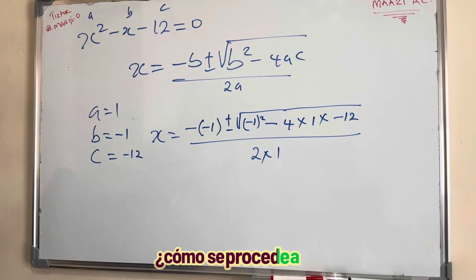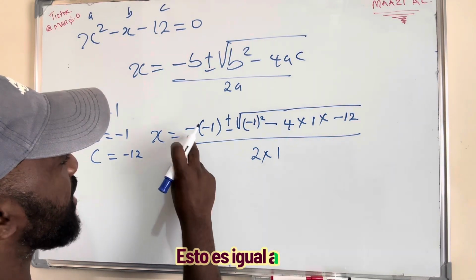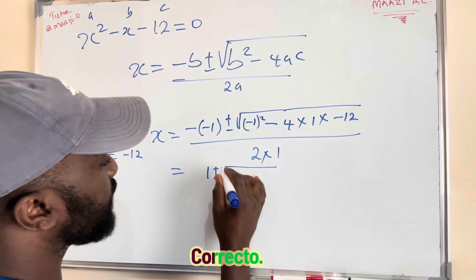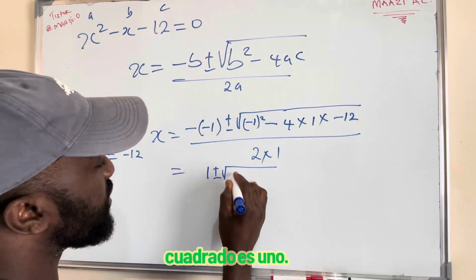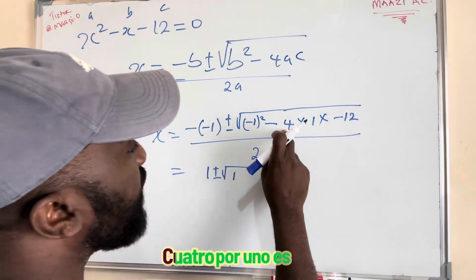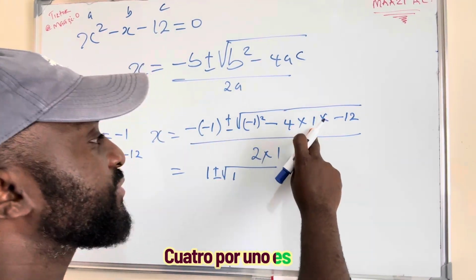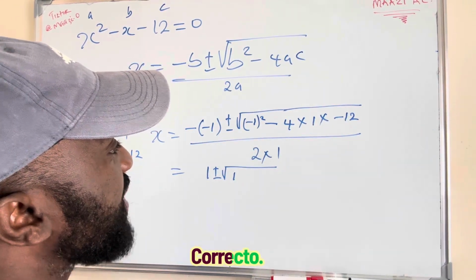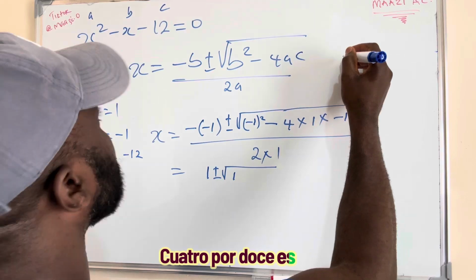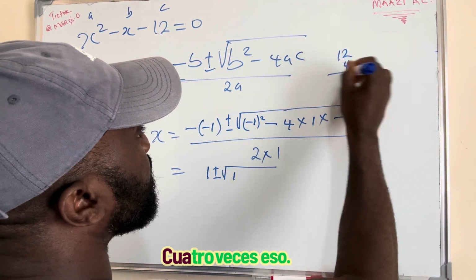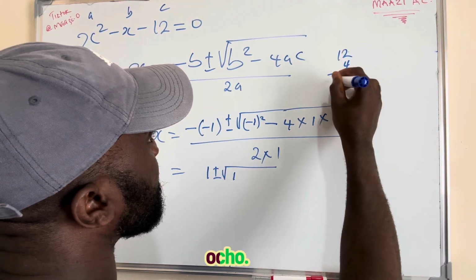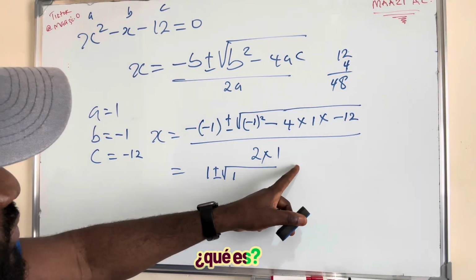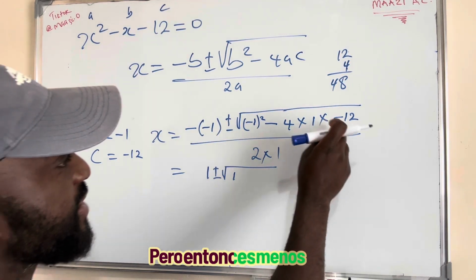How do you proceed from there? Minus times minus is 1, plus or minus the square root of minus 1 squared, which is 1, minus 4 times 1 times minus 12. 4 times 12 is 48, but minus times minus is plus.